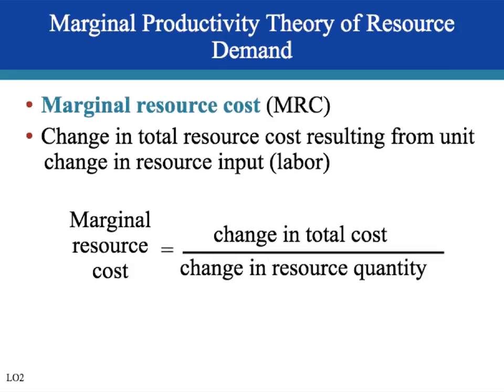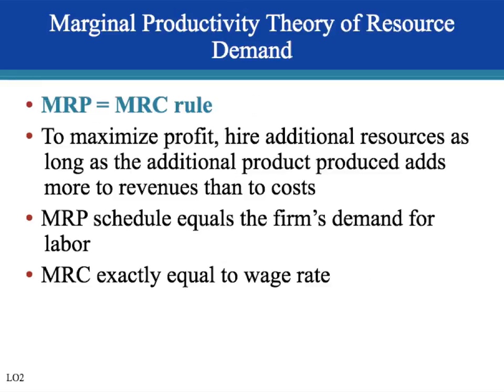And we will look at marginal resource cost. What is the change in total cost when we employ an additional unit of a resource? For simplicity's sake, we will assume that our resource is just labor.